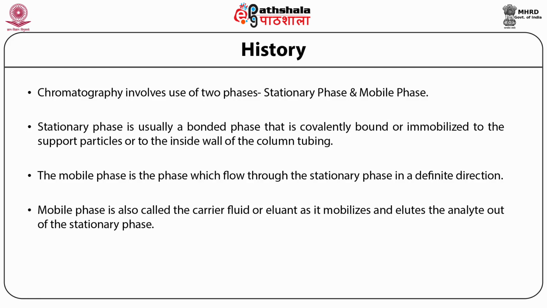Equilibrium distribution of analytes. Analyte molecules may exist in a free state, that is, completely dissolved in the liquid or gaseous mobile phase, or may exist in a bound state, that is, adsorbed on the surface of the solid stationary phase. However, an analyte is in equilibrium between the two phases, that is, the stationary phase and the mobile phase.